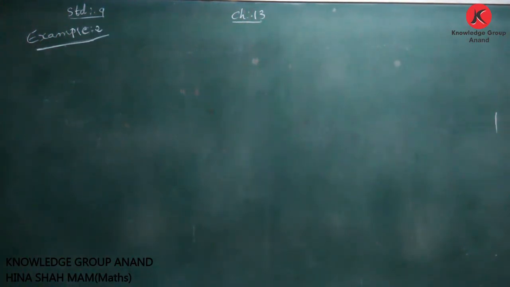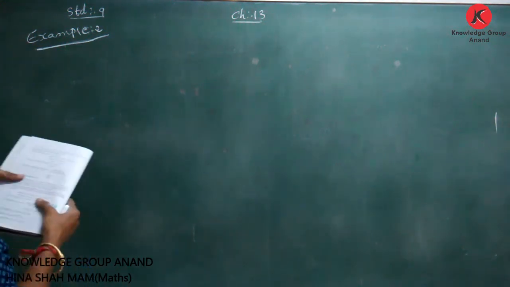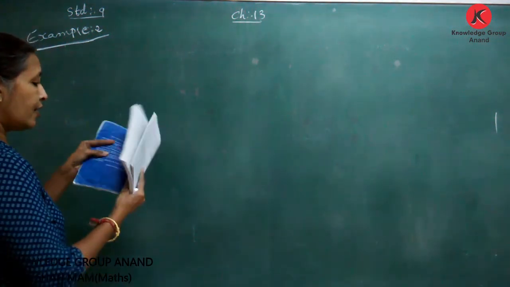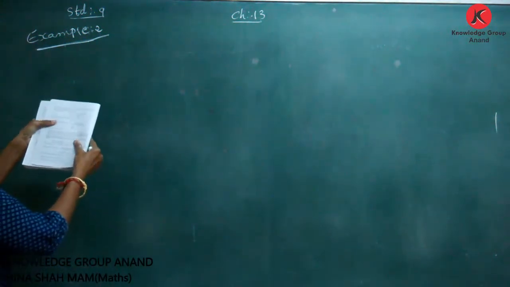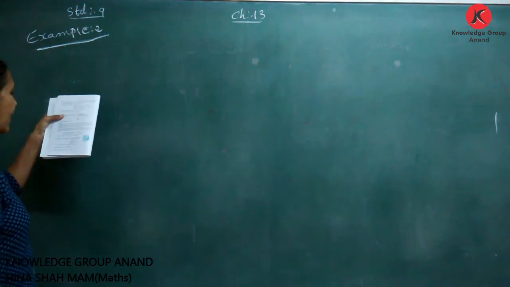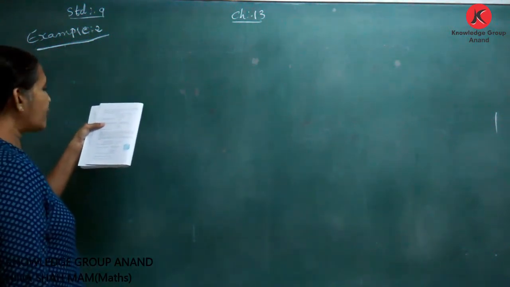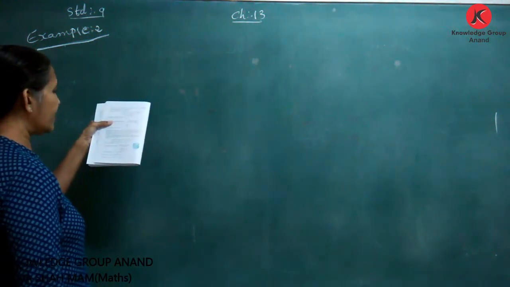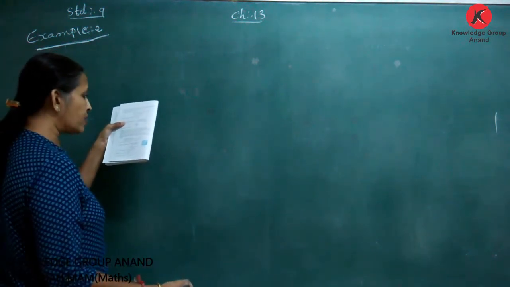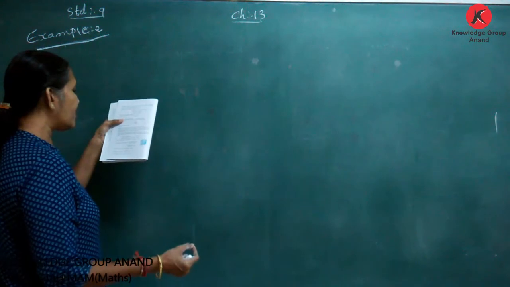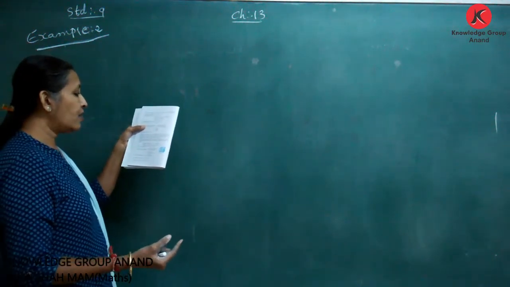Now example number 2. Open your textbook. Question number 2. Hamid has built a cubical water tank with a lid for his house, with each outer edge 1.5 meter long.